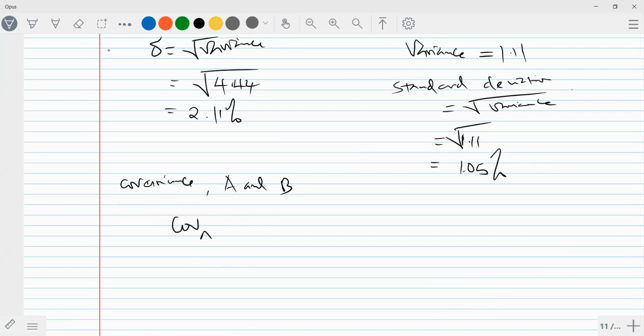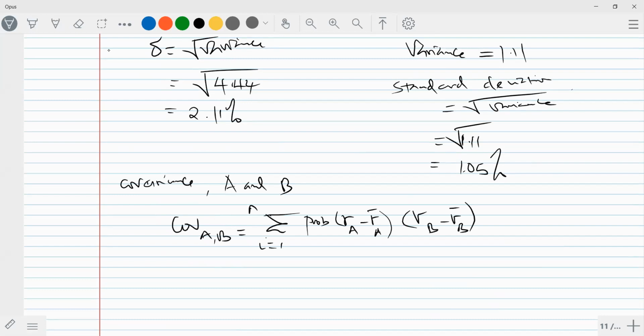The covariance between A and B, or I and J, is the sum of probability multiplied by the deviation of asset A from its mean, multiplied by the deviation of asset B from its mean, from the first outcome all the way to the nth set of data.